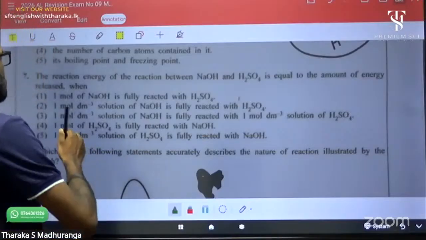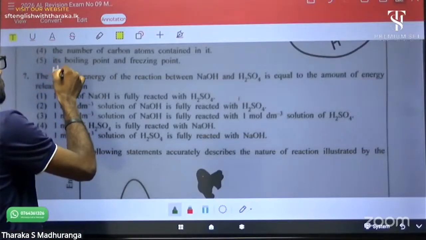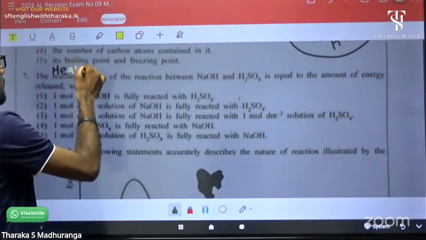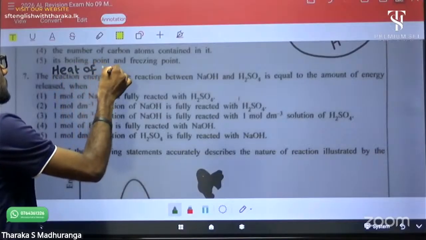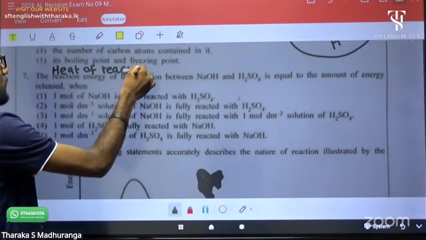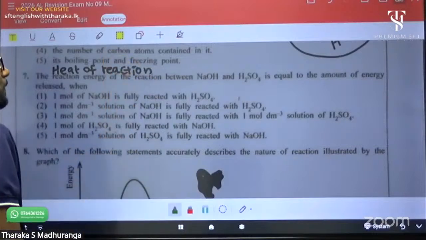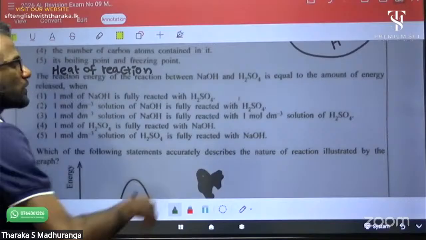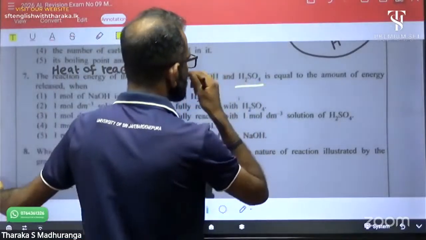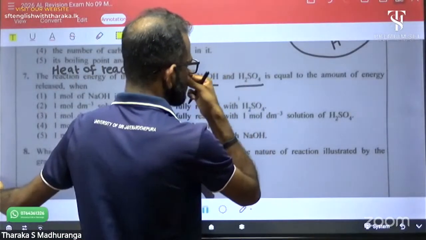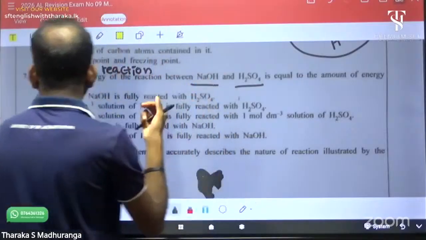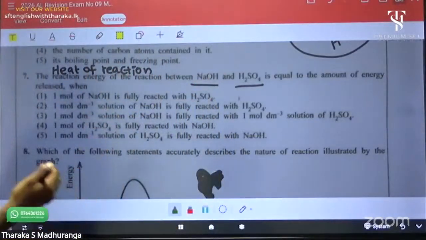Heat of reaction in thermochemistry. Heat of reaction. The heat of the reaction between sodium hydroxide and sulfuric acid is equal to the amount of energy released when.